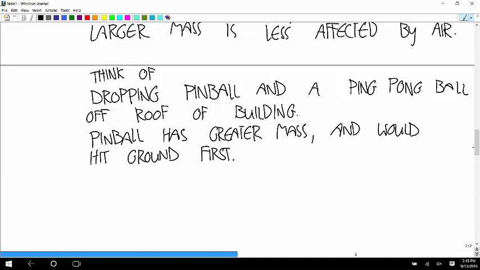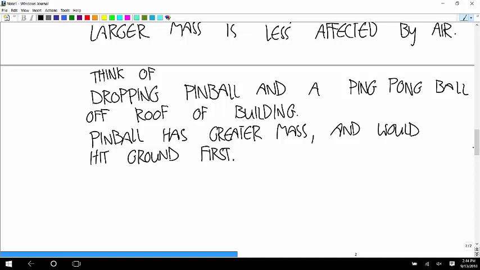So the force of gravity is actually bigger on the pinball than on the ping pong ball. And so the force of gravity wins out over that constant air resistance in the pinball, whereas with the ping pong ball, the forces are both small, and so the air resistance has an effect.